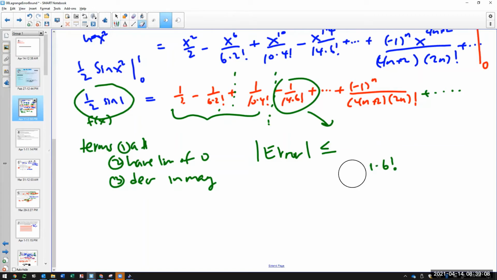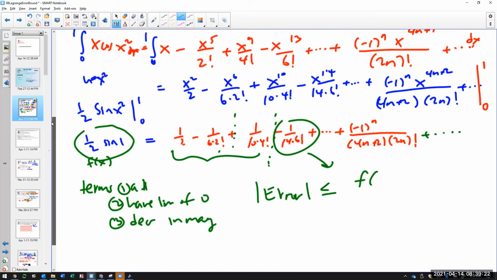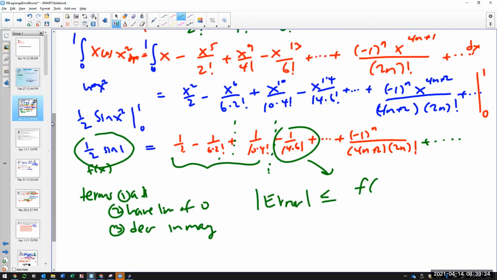This number here, isn't that really f of, this is a fourth derivative, right? Oh, actually, I don't know if it was a fourth derivative. Is it? Oh, yeah, it is. No, this isn't the fourth derivative, sorry. This is the n plus 1 derivative. So this is x squared, x6, x10, x14.